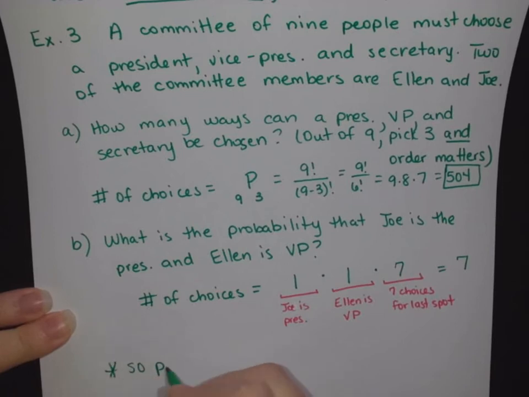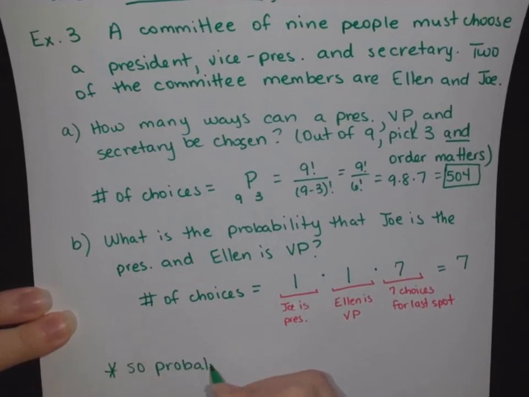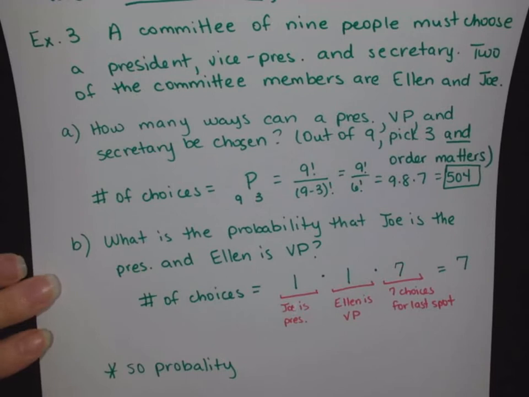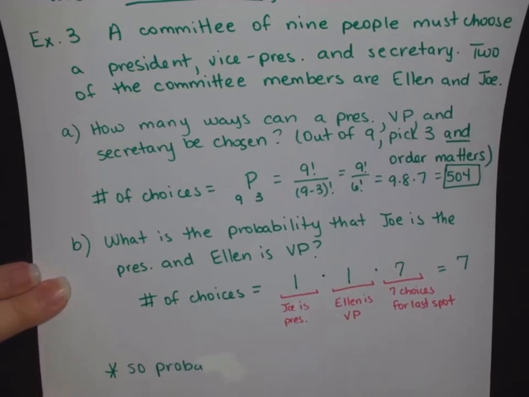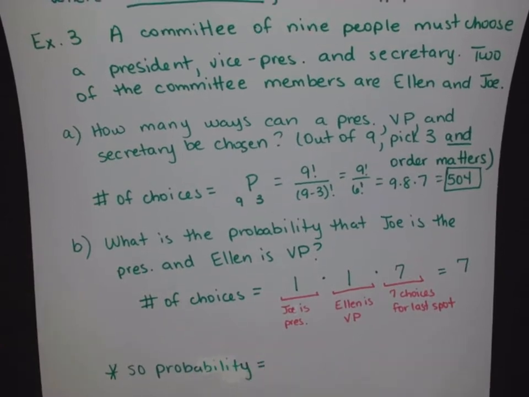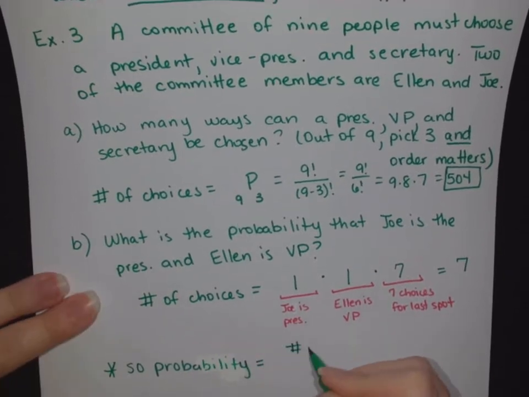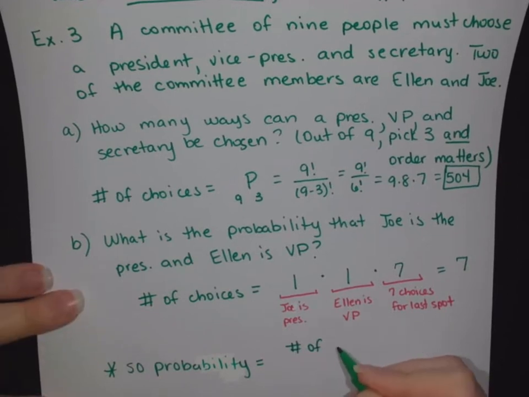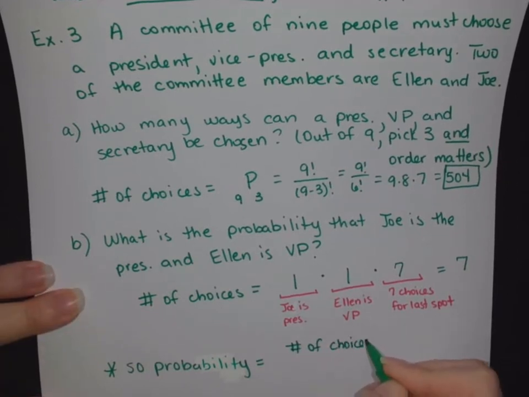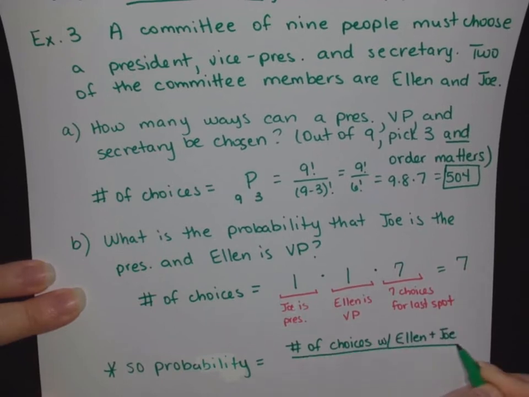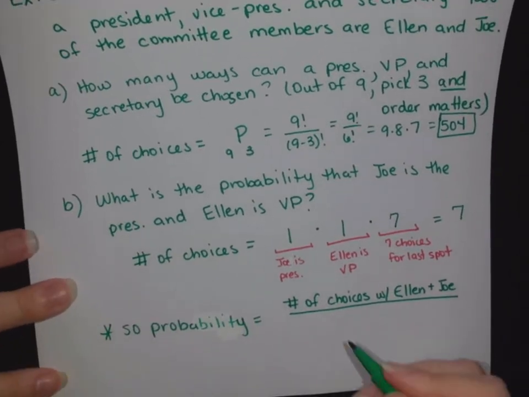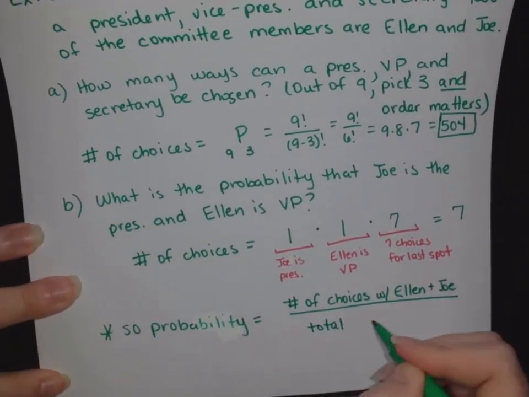So there are 7 ways that Joe and Ellen would be president and vice president, respectively. Here's where we answer the question. The probability of that happening is the number of choices with Ellen and Joe, in other words, where Joe is president and Ellen is vice president, over the total number of choices.